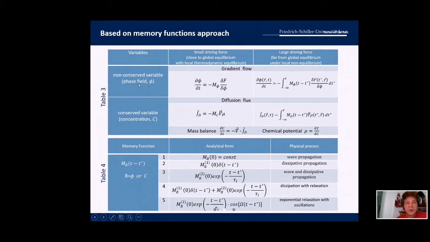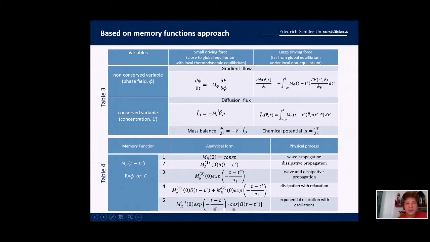This is for a non-conserved variable phi, for instance, for the phase field trajectory as a maximum of amplitude, the envelope of maxima of amplitude.